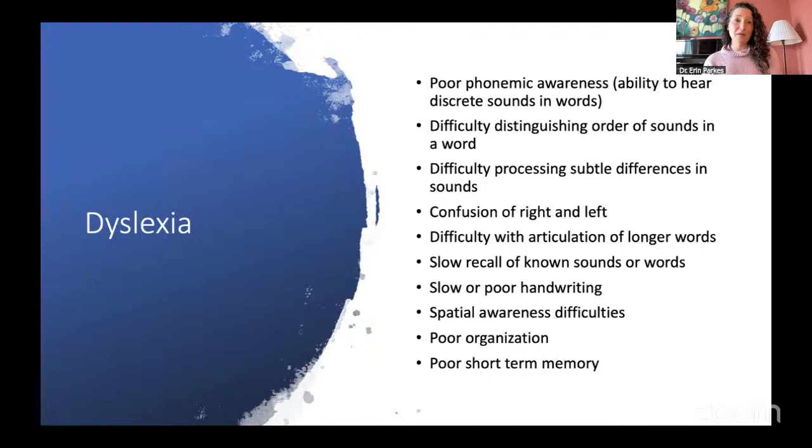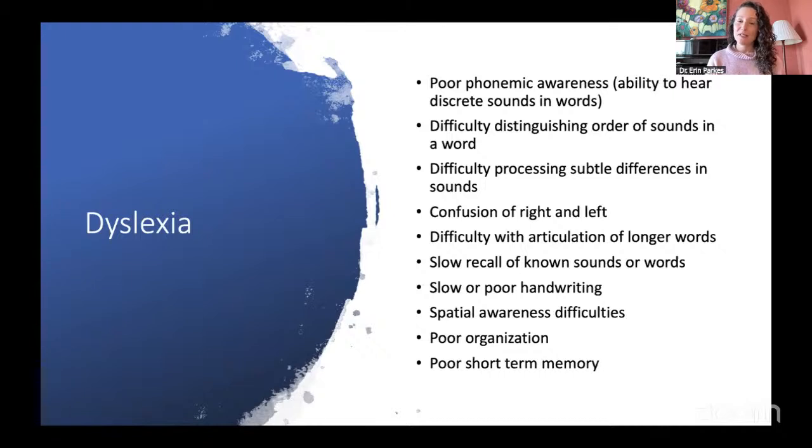So a big part of dyslexia is poor phonemic awareness. This is the ability to hear discrete sounds in words or to see them visually. So we think of dyslexia often as things like switching letters around or not perceiving the difference, for example, between a B and a D. And that is very common.